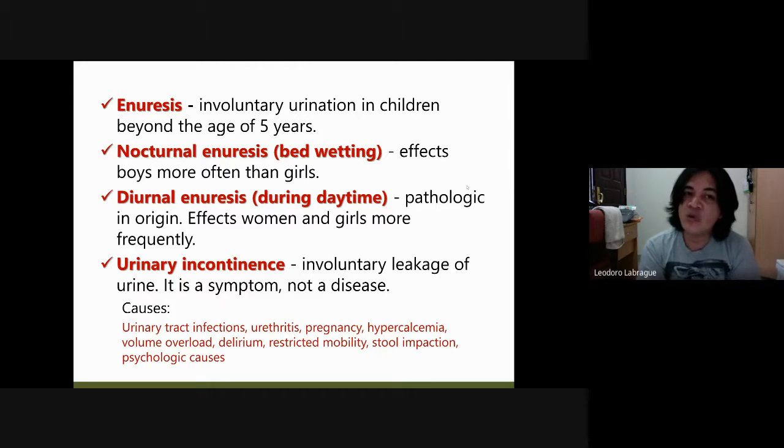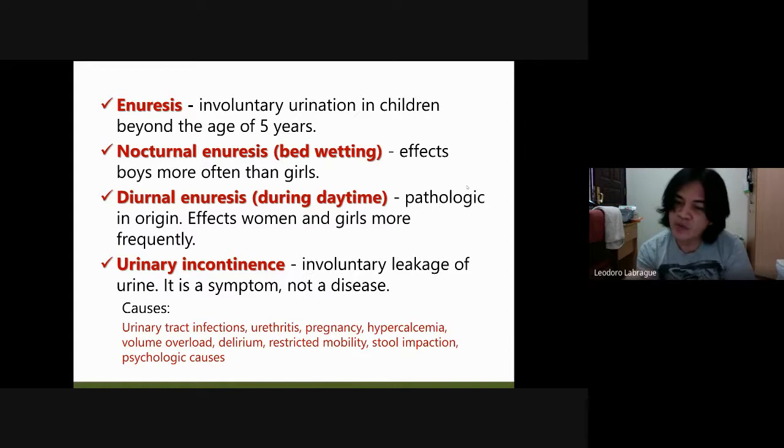One of these is enuresis, or involuntary urination in children beyond the age of 5 years. Remember, as I mentioned earlier, urinary control is possible once the age of a person is 2 to 5. From 2 to 5, a person should be able to control urination.